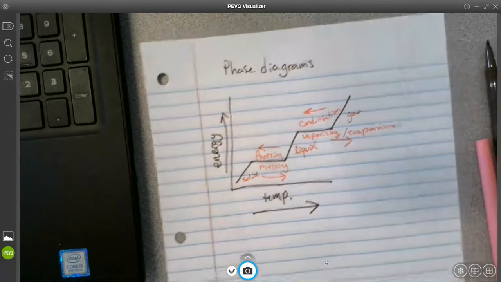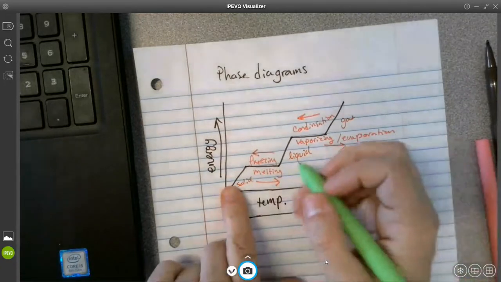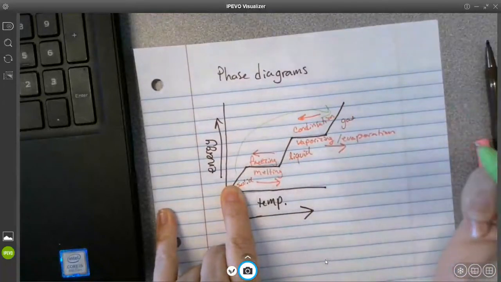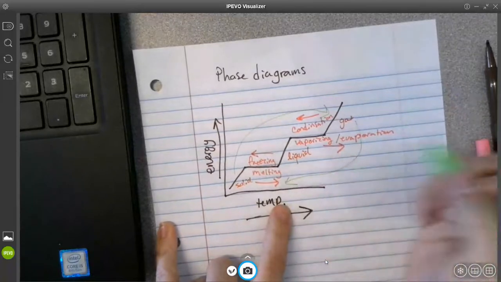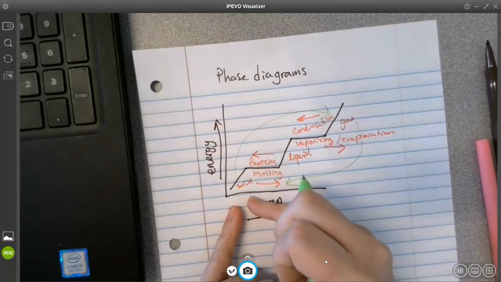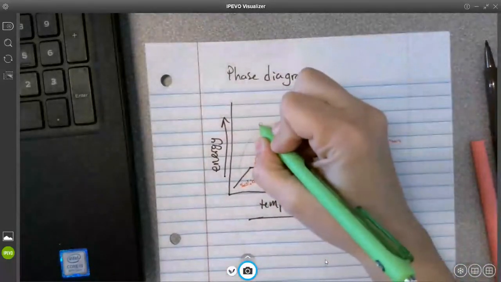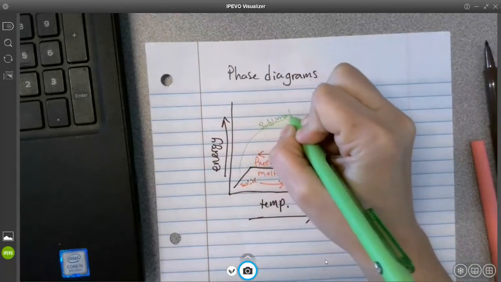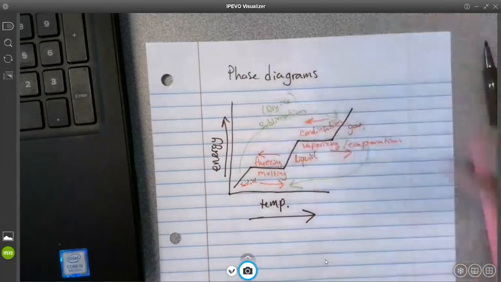Last but not least is going to be our most commonly forgotten phases, because we do have going from a solid to a gas, and you are able to go from a gas directly to a solid. When you have a solid piece of anything and it goes directly to its gas phase, that's what they call sublimation. And kind of think of dry ice when you hear this.